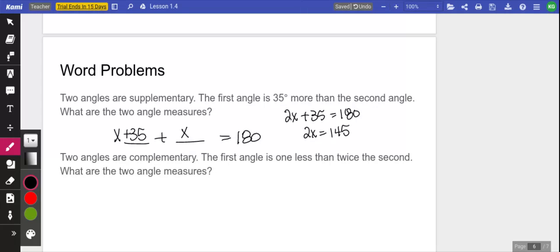Divide by 2 to get 72.5, and it wants the two angle measures. So to get the other one, I'm going to have to add 72.5 and 35, which gets me 107.5.